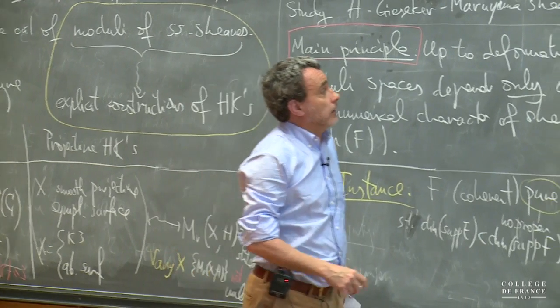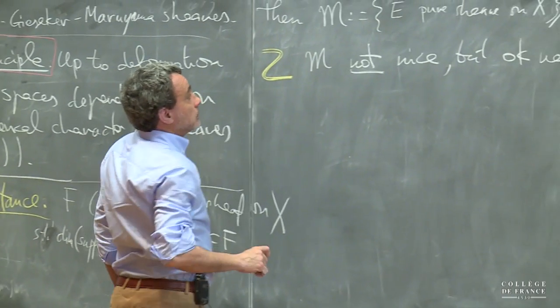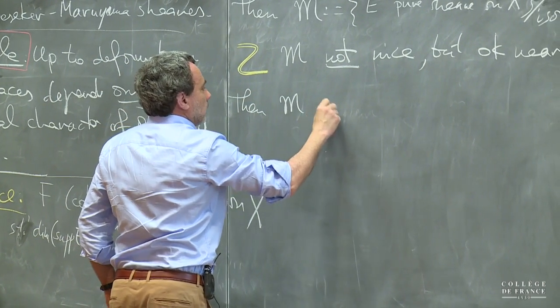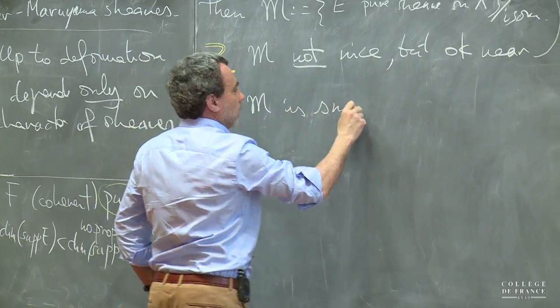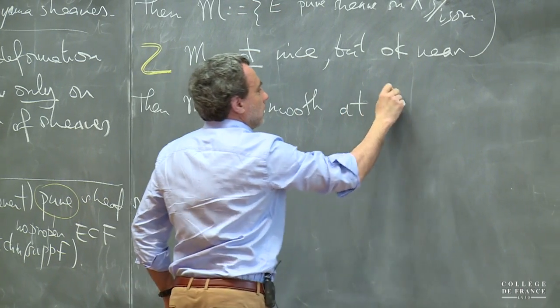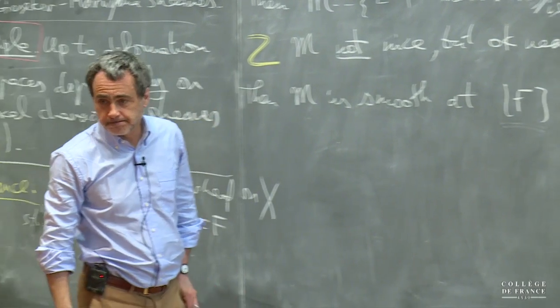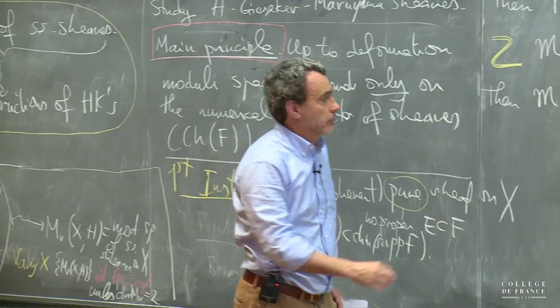Okay, and assume F is stable, then M is smooth at [F], the isomorphism class of F. I'll put the brackets.